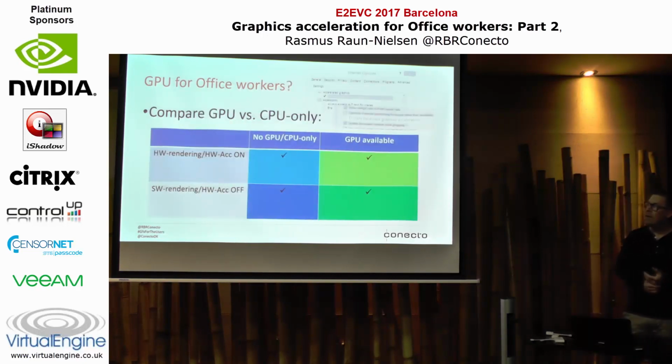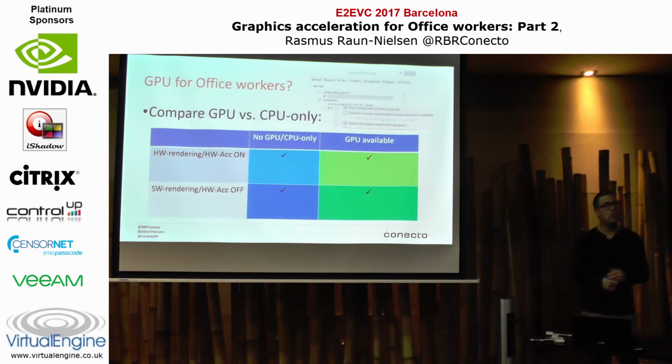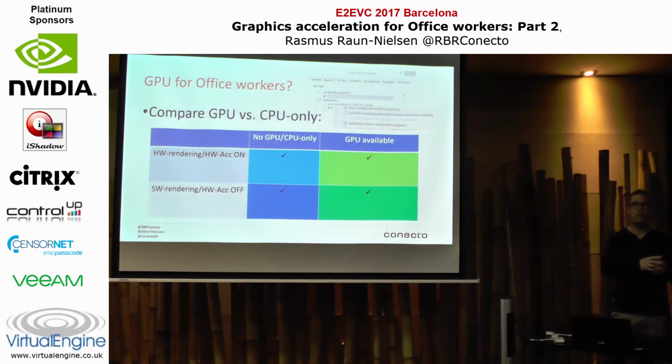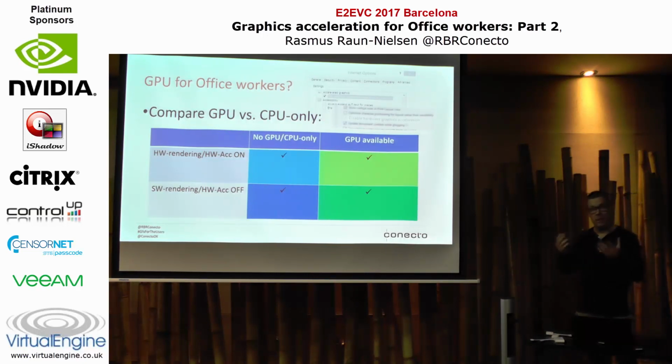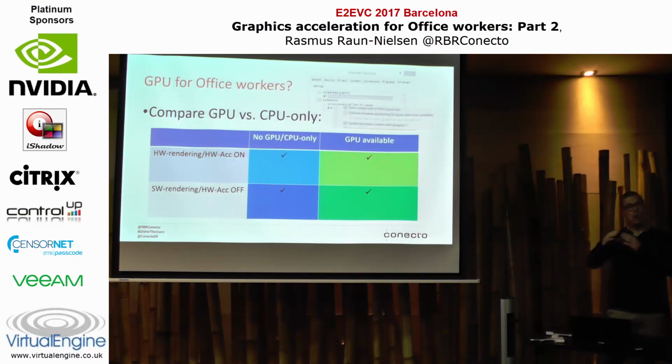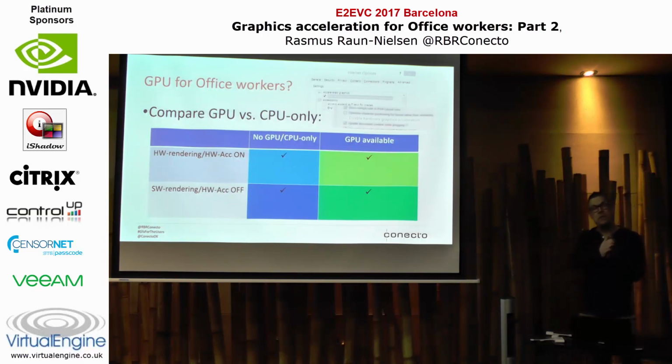So I decided to do some comparison testing to see if these office applications are utilizing a GPU, and if so, by how much, and how can we correlate some kind of data to show the differences between having a GPU or not.